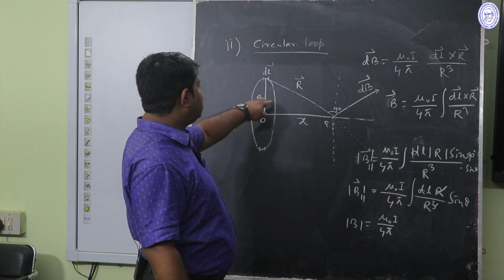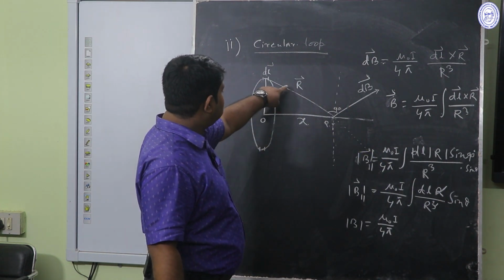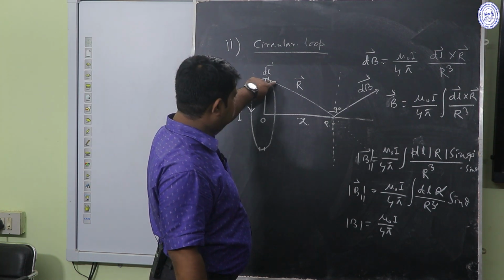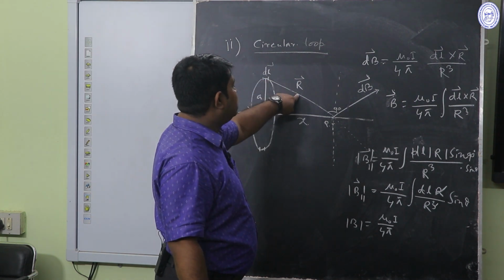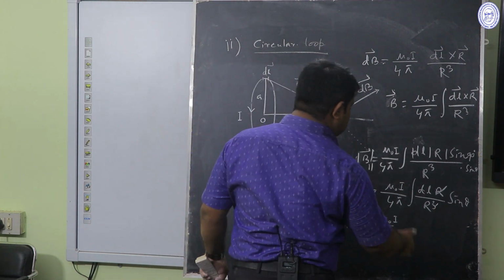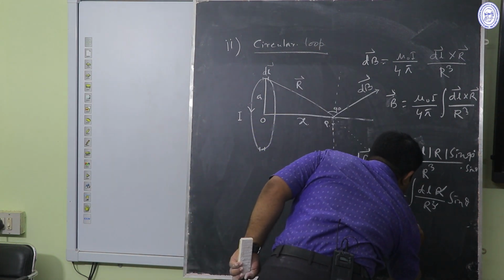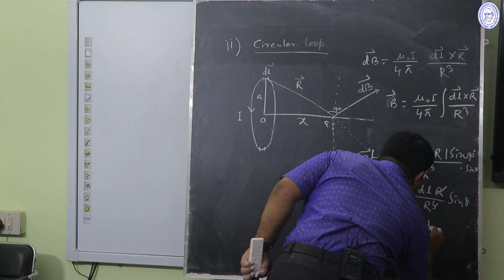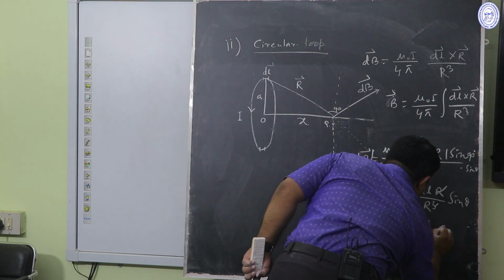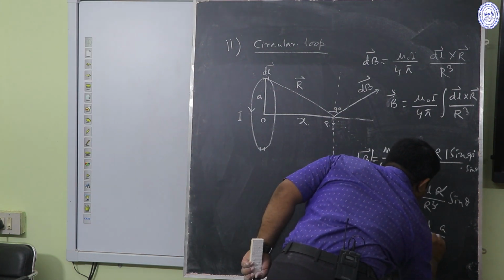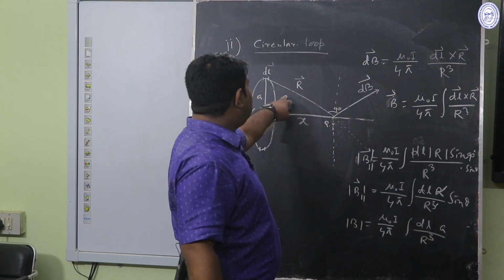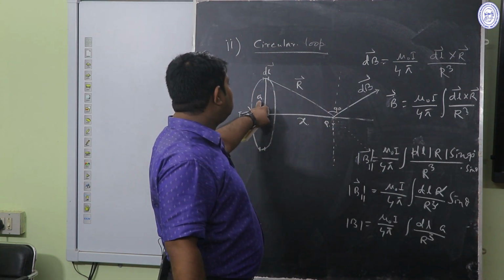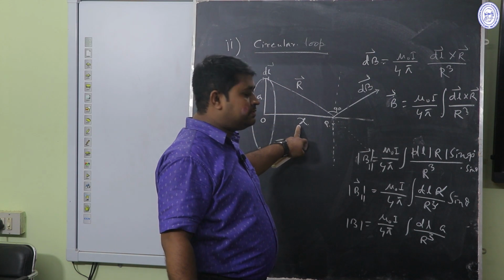Now from the figure, sin theta is equal to a by R, so dl into a by R cube. Now R is equal to root over a square plus x square.